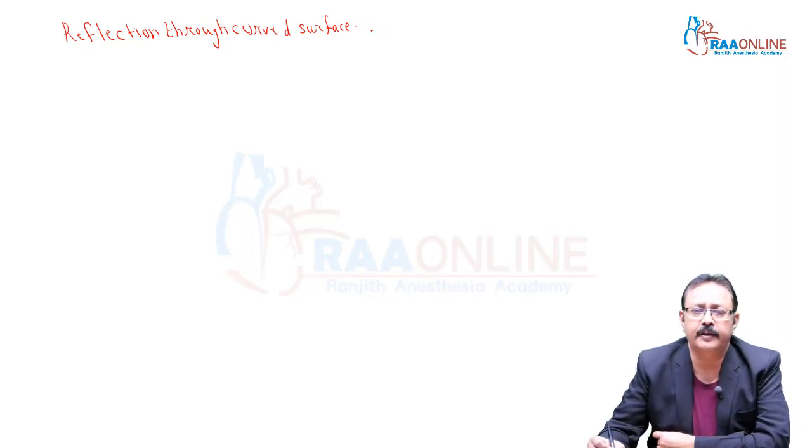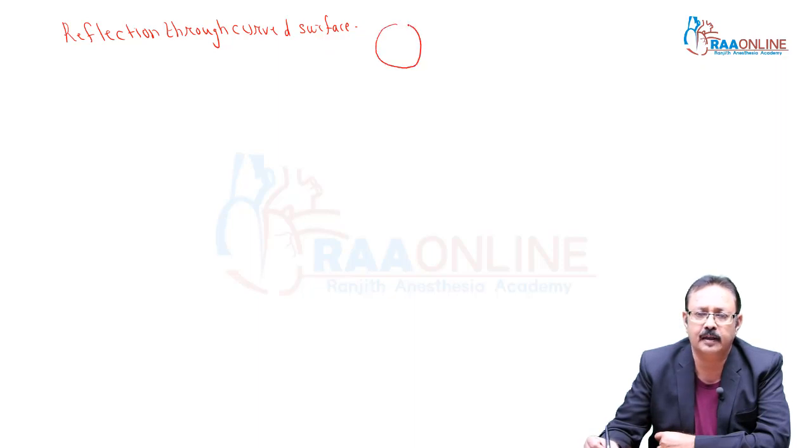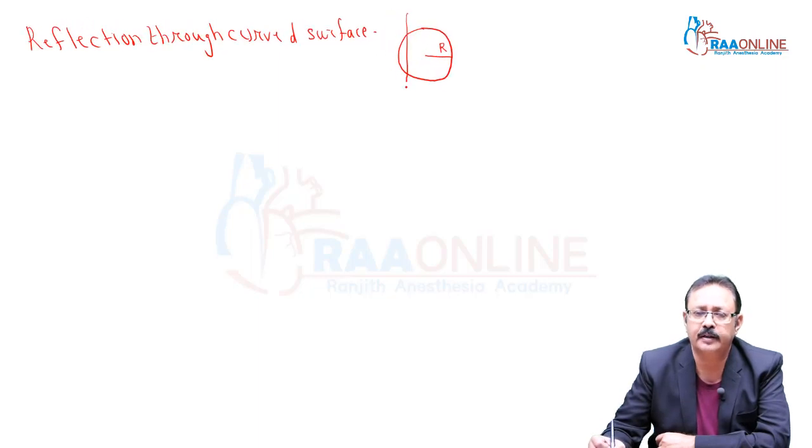What is happening in a curved surface? You have a sphere of glass. Its radius was r. You cut a part from it. So now we have one part.